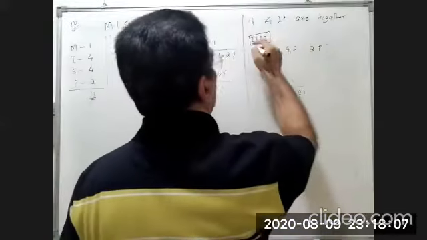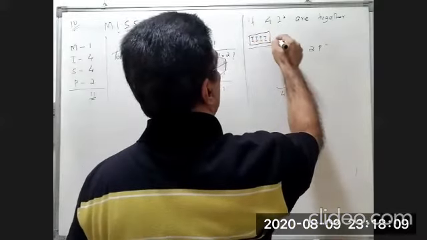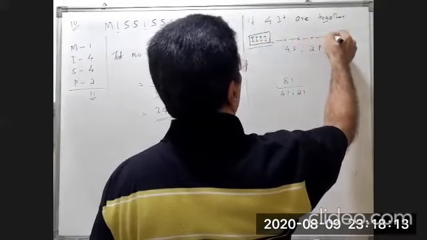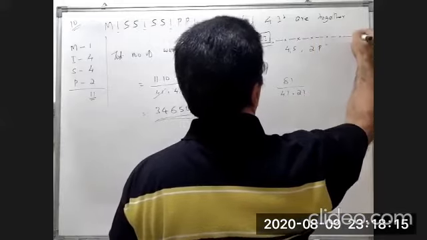We have 1 box, then 1, 2, 3, 4, 5, 6, 7.